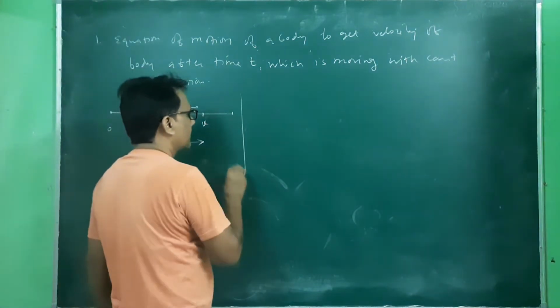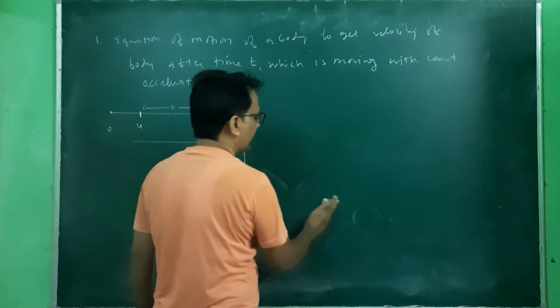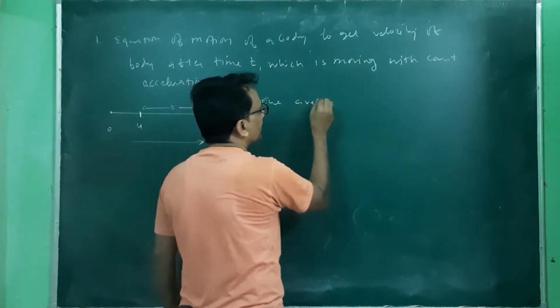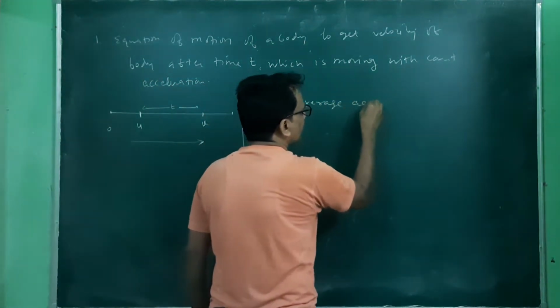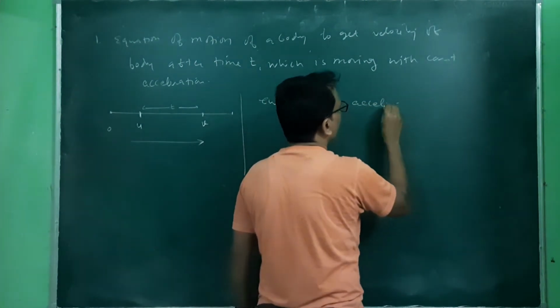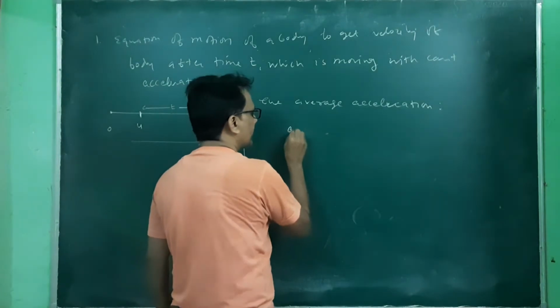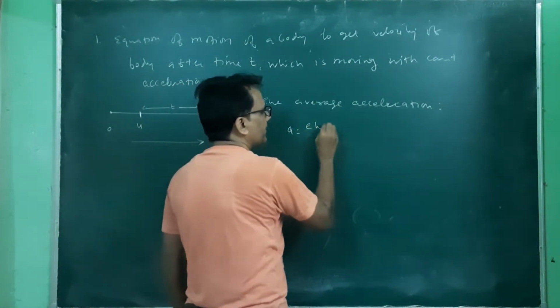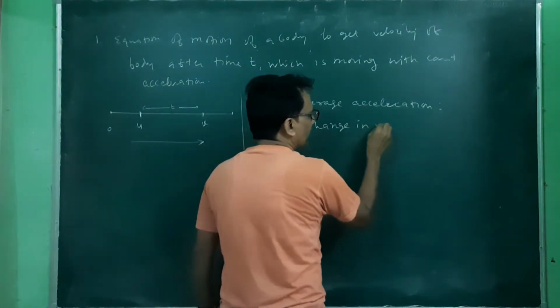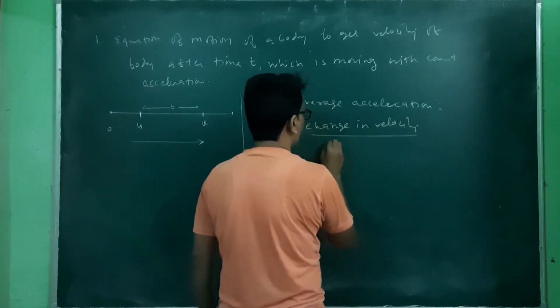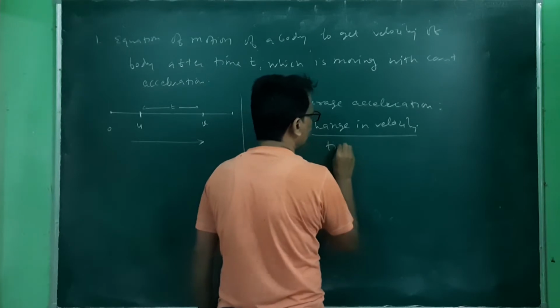It's very simple. Let us define the average acceleration. It is formulated as acceleration equals change in velocity by change in time interval.